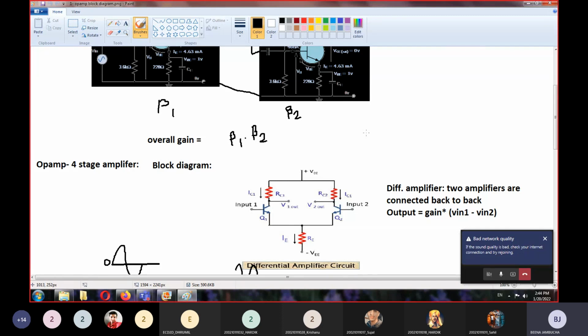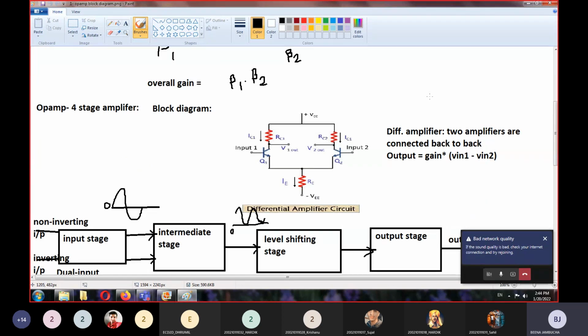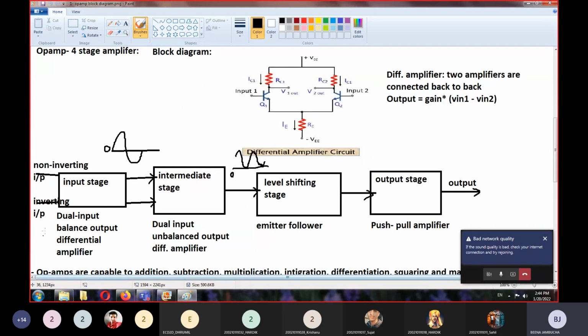Now in a multi-stage amplifier, it may be that all the amplifiers are of the same type, or it may be that all the amplifiers are of different types, right? So if you check the block diagram of the op-amp, you can see the first block is the input stage, and this block is a dual input balanced output differential amplifier.